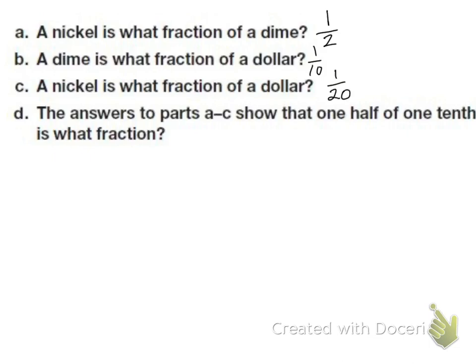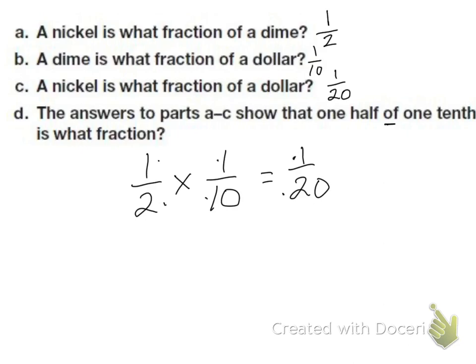It says the answers to part A through C show that 1/2 of 1/10 is what fraction? So it's showing that 1/2 of, which is times, 1/10 equals 1/20th, because 1 times 1 is 1, and 2 times 10 is 20.